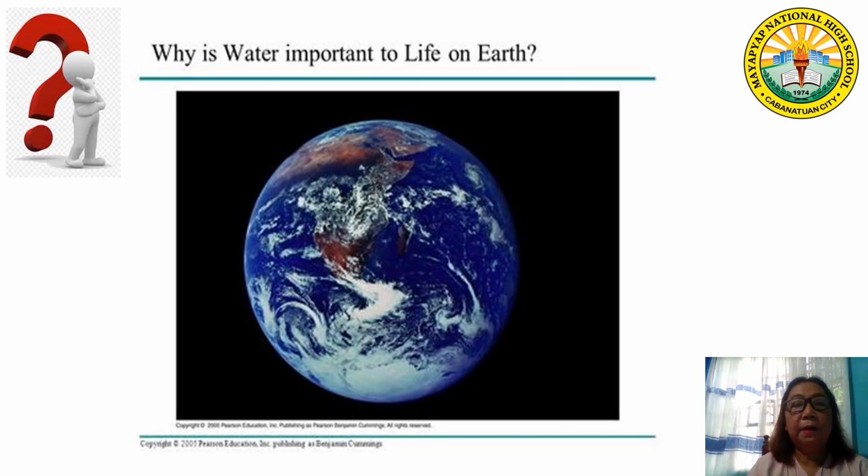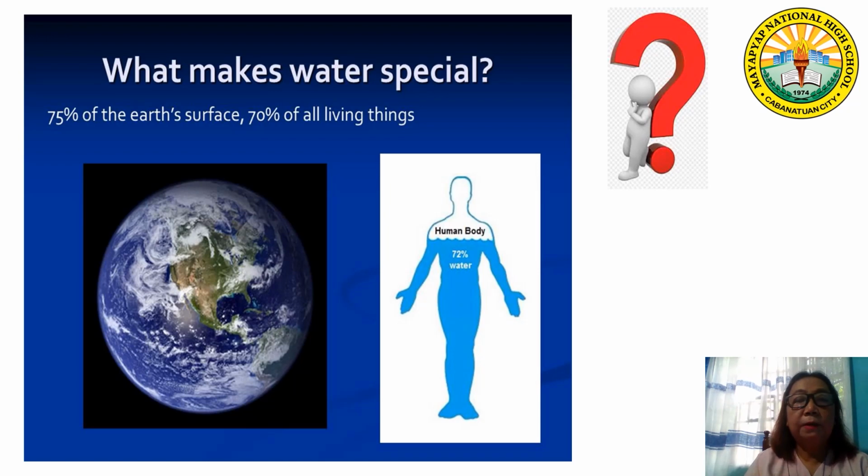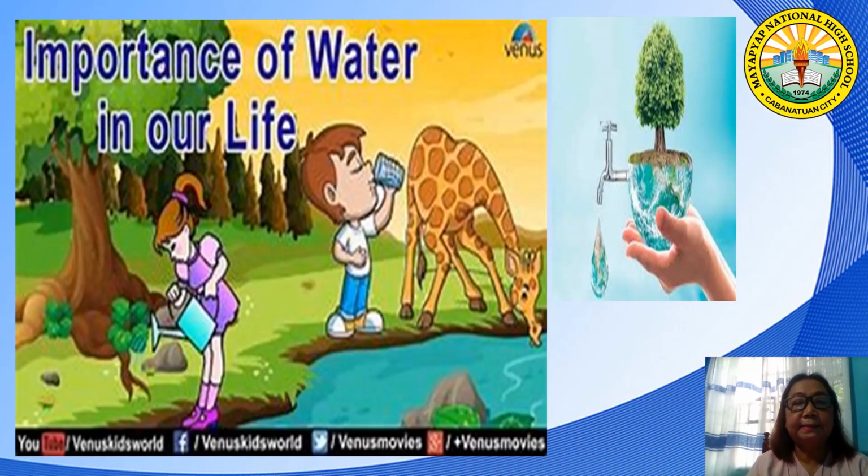I have here a question. Why is water important to life on Earth? You can see the illustration of the Earth. What makes water special? Because water covers 75% of Earth's surface, and makes up 70% of all living things.